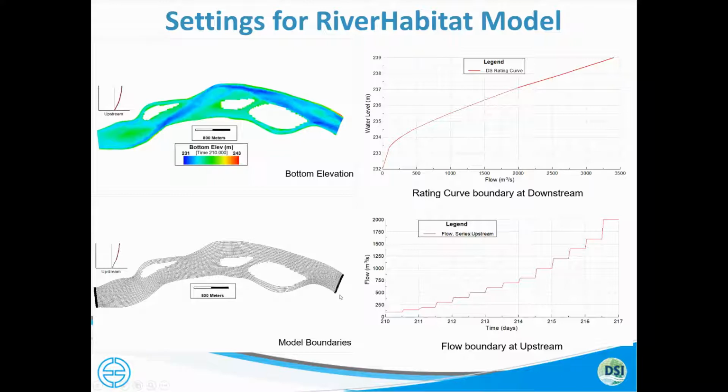And then once we have achieved steady state, we extract the information from the model at various times toward the end of that steady flow period. And then that becomes the habitat value that we use in the analyses. So this is kind of a big picture overview of the domain that we're looking at.